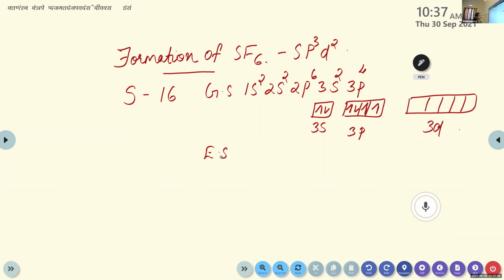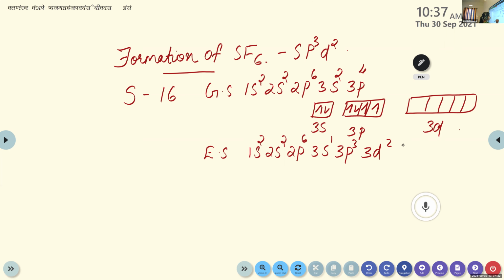Here you can see there are 2 electrons in the s orbital, and in one p orbital there are 2 electrons. So 1 electron from the 3s orbital and 1 electron from the 3p orbital will jump to the 3d orbital. So the excited state configuration is 1s2, 2s2, 2p6, 3s1, 3p3, 3d2.